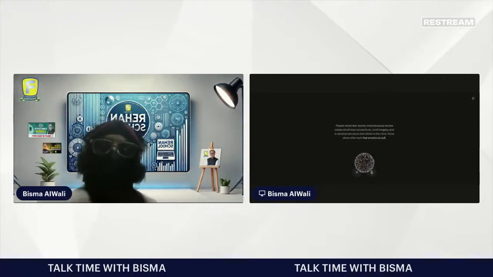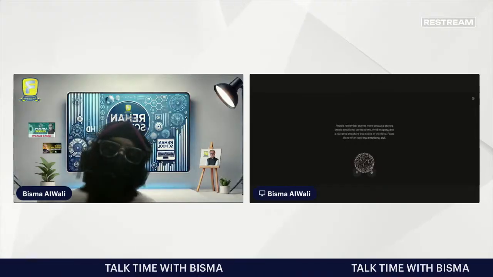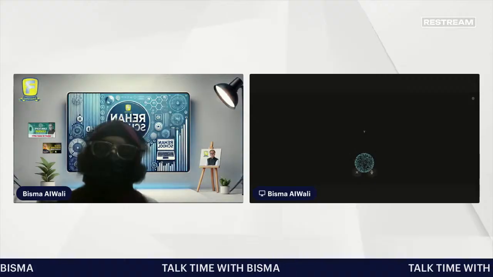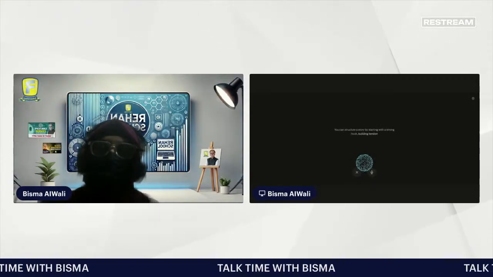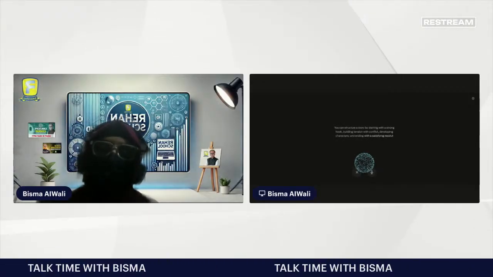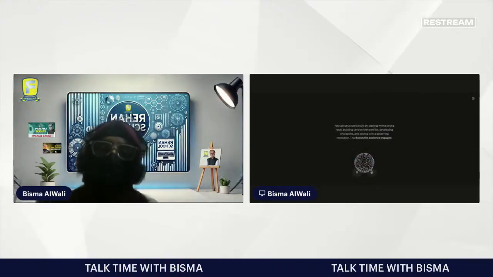Okay, nice. How can you structure a story to keep the audience interested? You can structure a story by starting with a strong hook, building tension with conflict, developing characters, and ending with a satisfying resolution. That keeps the audience engaged. Okay, nice.